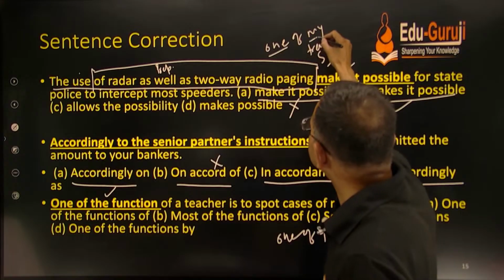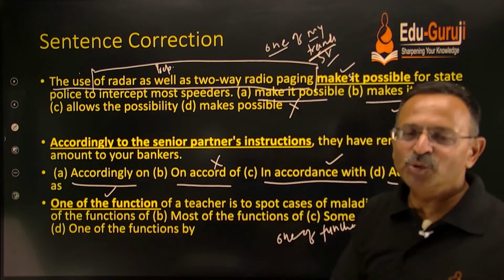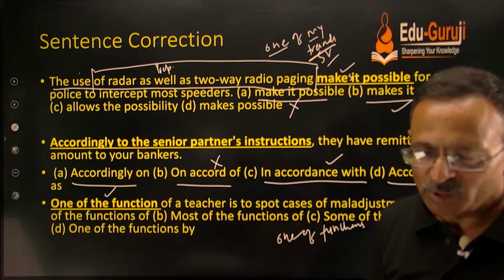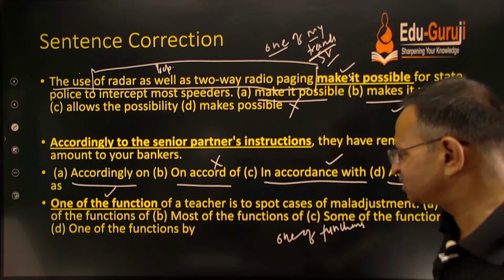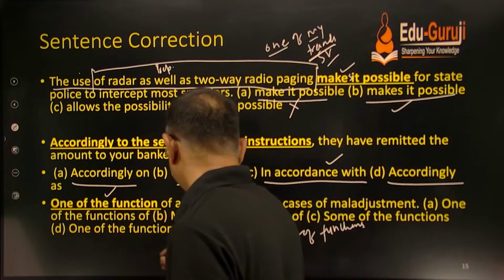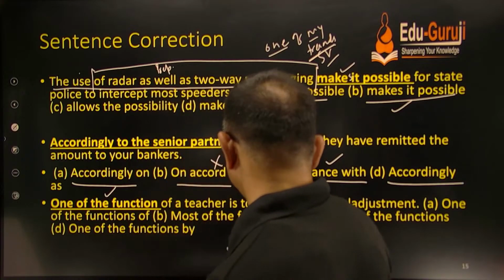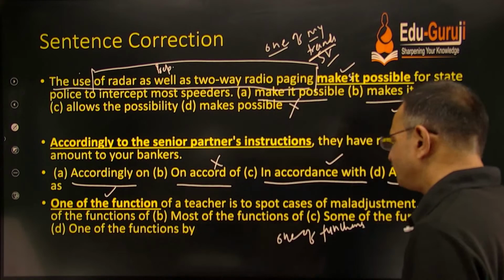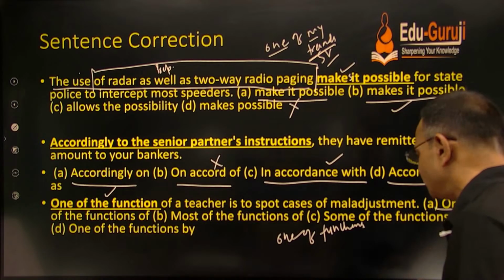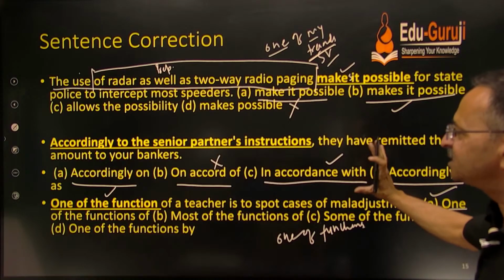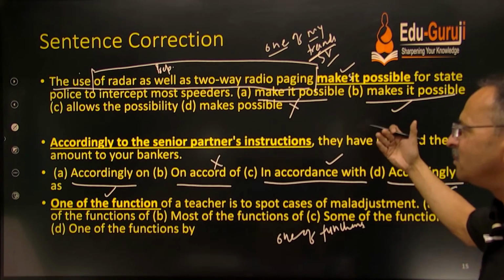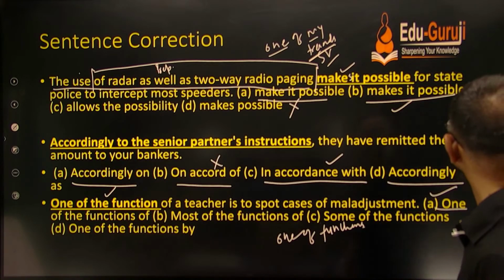So "one of" is always followed by a plural noun. That is what you need to remember. So the answer would be "one of the functions". The correct answer would be A. Again, you can see these are mostly based on subject-verb agreement.